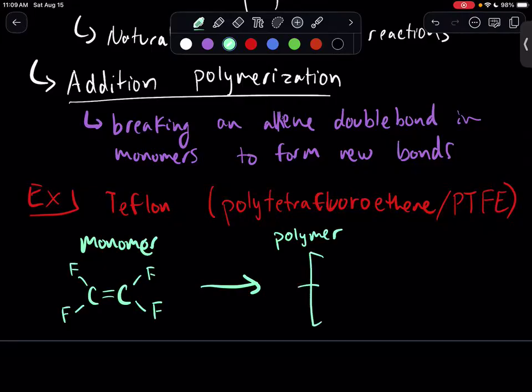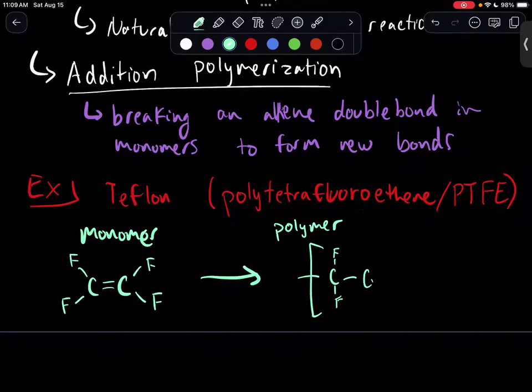So now we can use that format we learned last time to describe n repeating units, which is how we draw polymers. And it just looks like this with our brackets n repeating times. So here's our Teflon or polytetrafluoroethene.